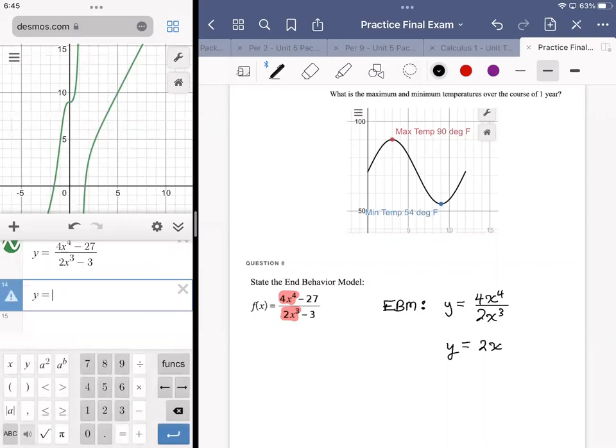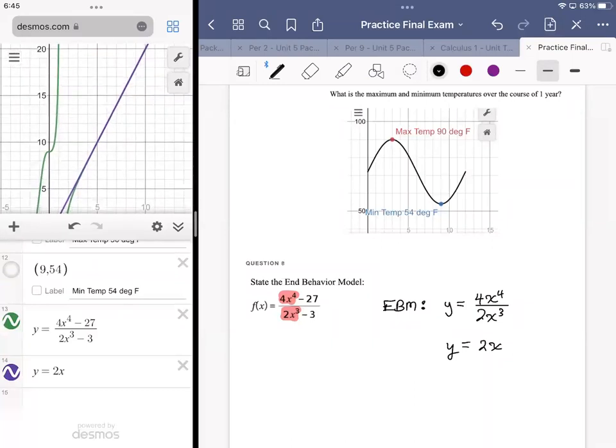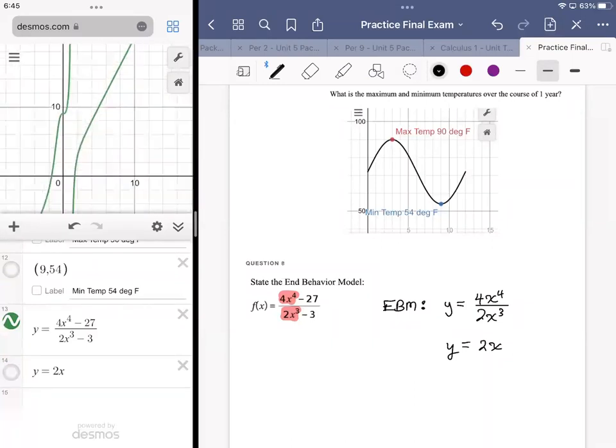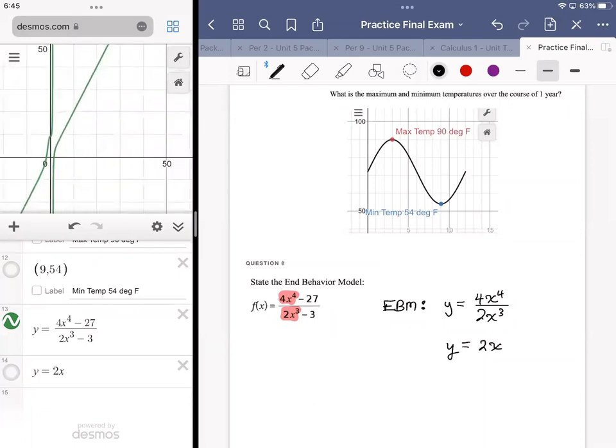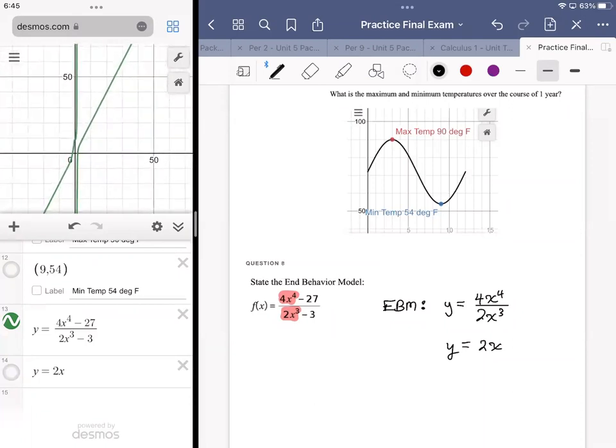And here's my end behavior model. As x gets larger and larger, or smaller and smaller if it goes out to the left, this green graph should behave more and more like this function. It should behave like this for large values of x in the negative or positive direction.